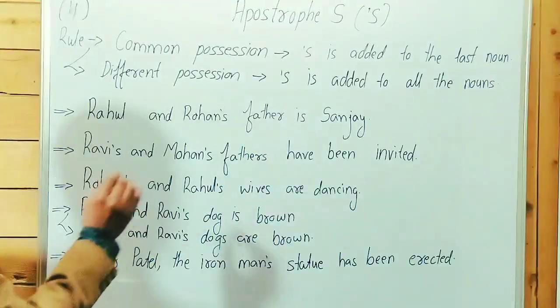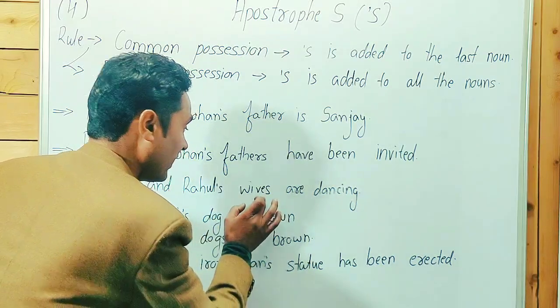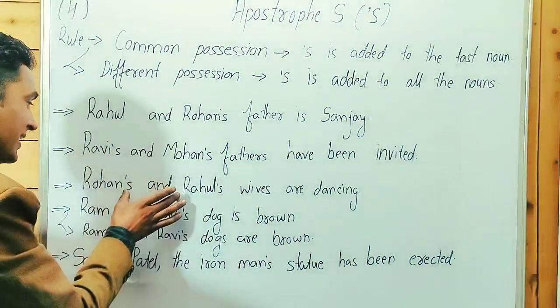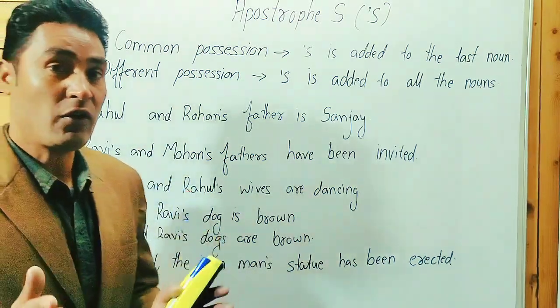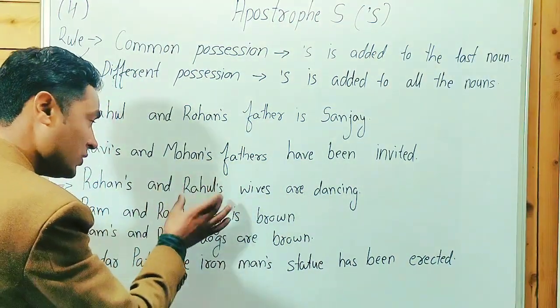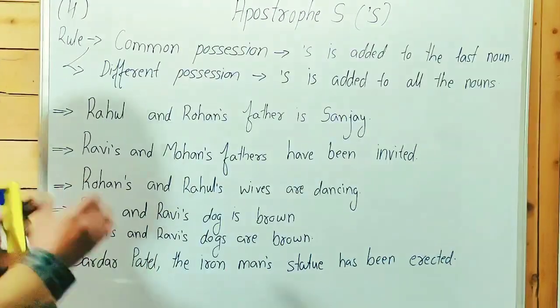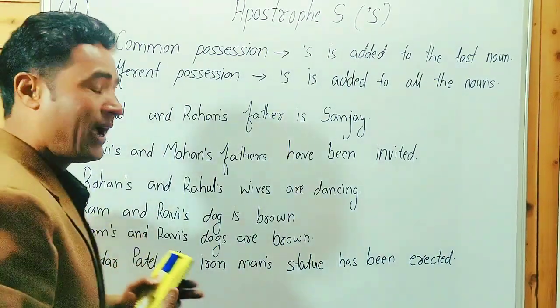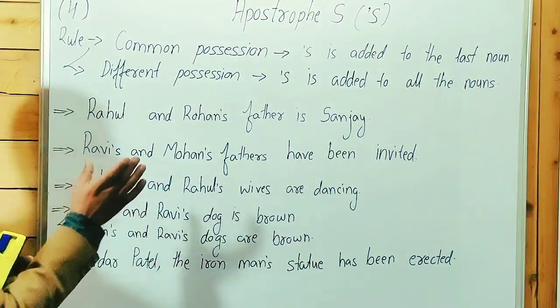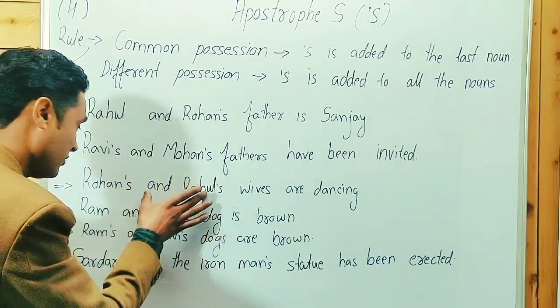If mother is written here, we use apostrophe S only once. For common possession, we use apostrophe S only with the last noun, and for different possession, with all the nouns.